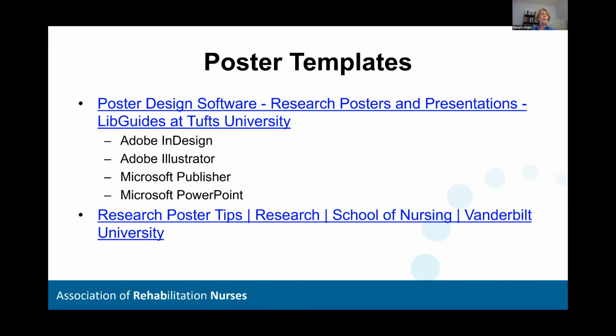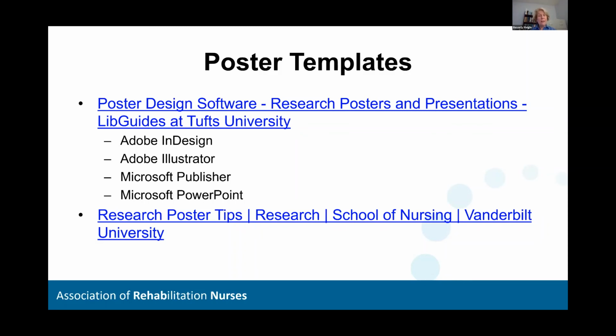You can do it online. There may be a university that you want to Google and see if they have this kind of information. Most of the universities or colleges, larger colleges, do have something that you can use that really gives you good tips on how to develop a poster, and will lead you to, for example, the Microsoft PowerPoint, which is one way that you can use a template for posters.